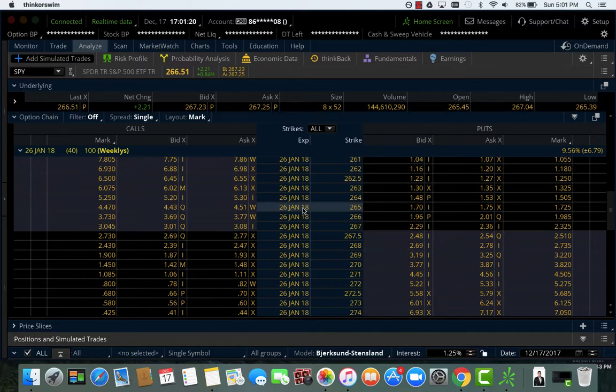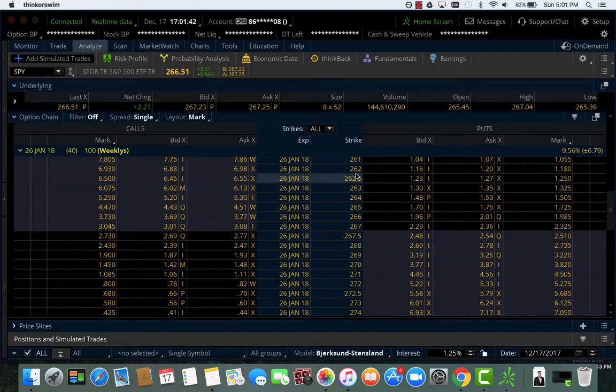But rather than being long 100 shares of stock, we're going to be short 100 shares of stock. So rather than being a $1.51 winner per share, we're going to be a $1.51 loser per share. So we will be short 100 shares of stock at $265 a share.